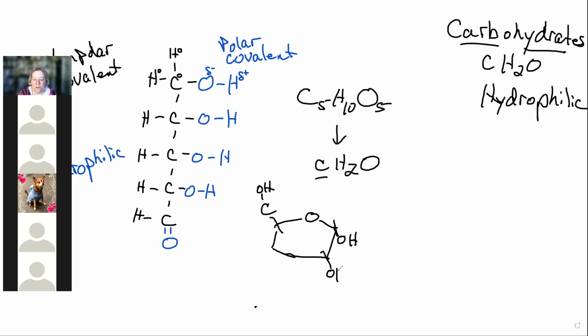Okay, so whether you see it shown like this or like this, look for a bunch of hydroxyl groups, okay? That is one of the characteristics of a carbohydrate: I'm going to have a bunch of these OH groups.